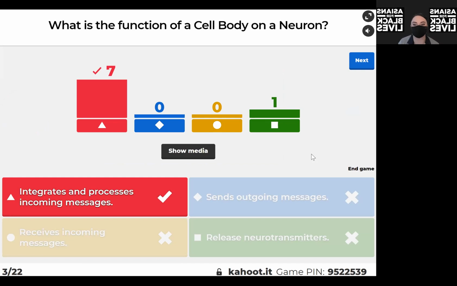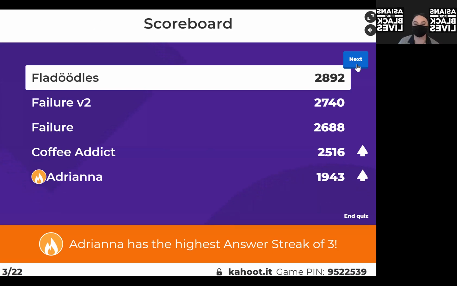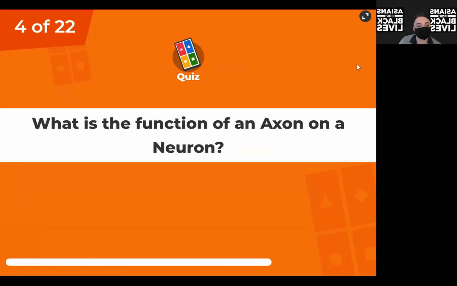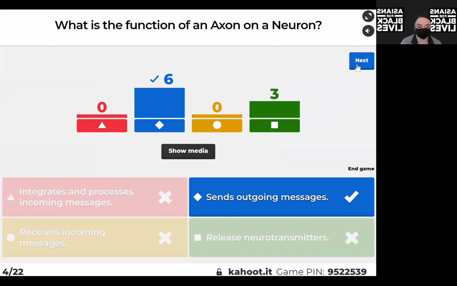It integrates and processes incoming messages. All right, what's the function of an axon? Good, it sends outgoing messages.